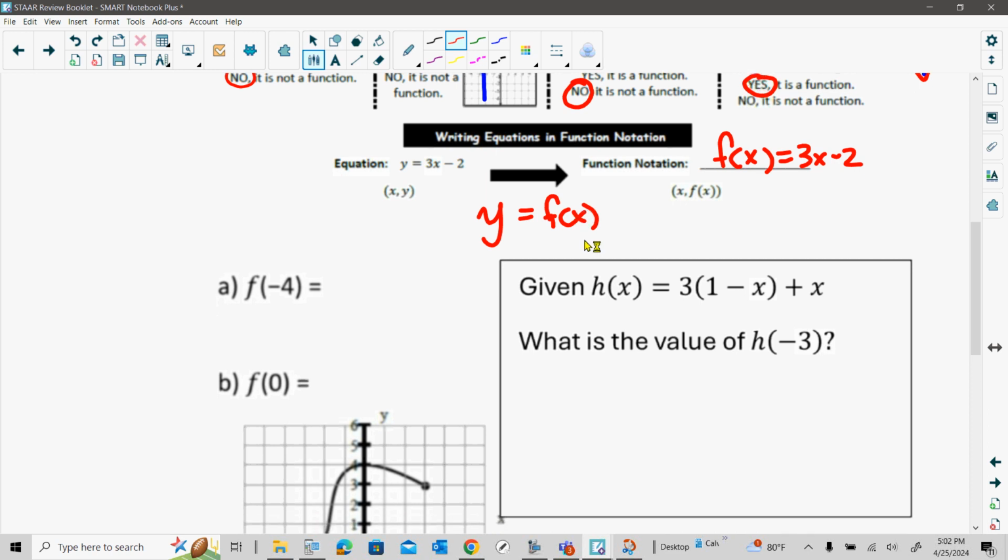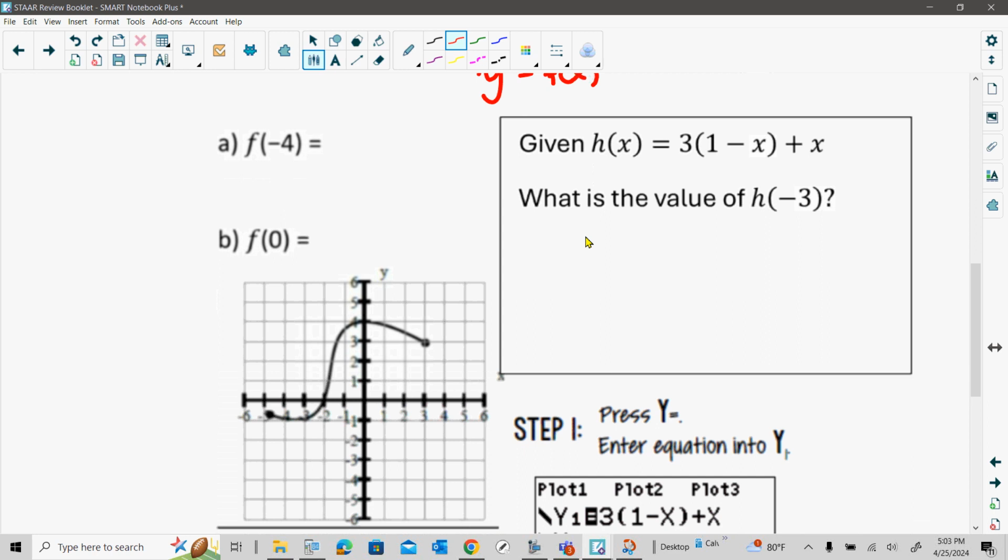All right, so on this first one, I want you to come up with the y value, because if I'm looking at function notation, which is f of x, like that, what's inside the parentheses represents the x. So in this problem, x is -4. So if I go -4 on the x-axis, we need to get a point on the graph, on the curve.